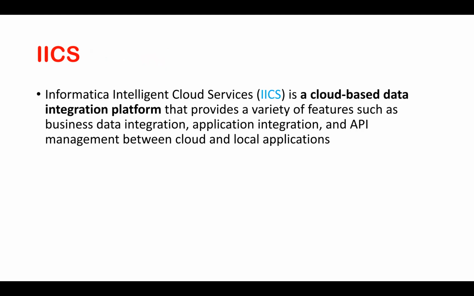What is IICS? IICS is nothing but Informatica Intelligent Cloud Services. That's the abbreviation for IICS. Most data-related companies, those handling huge volumes of data and having a data warehousing environment, want to move from on-premises data warehouses, like Teradata, Netezza, SQL Server, or Oracle, to the cloud.